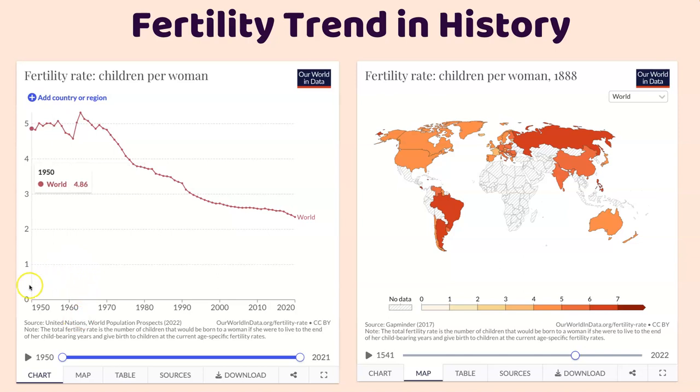So a long time ago, it was about 4.86. It means that the average woman in the world was expected to have about 4.86 children in their life. So it's decreased more and more. At the world level, it's now recently 2.35.